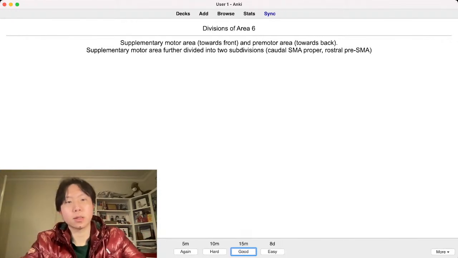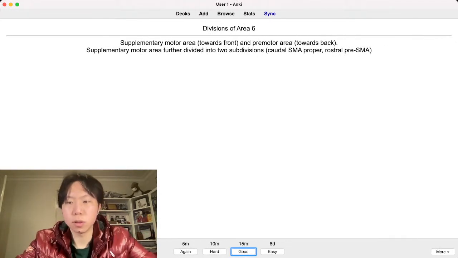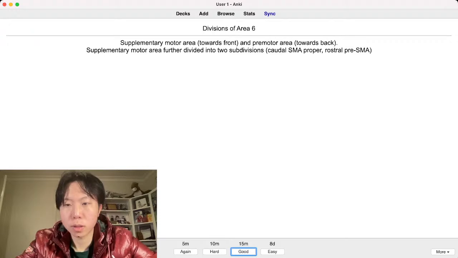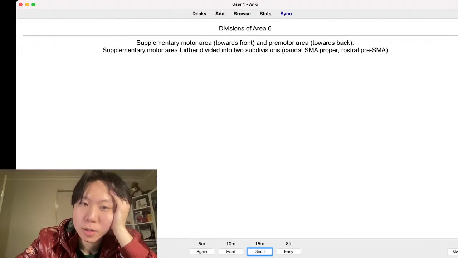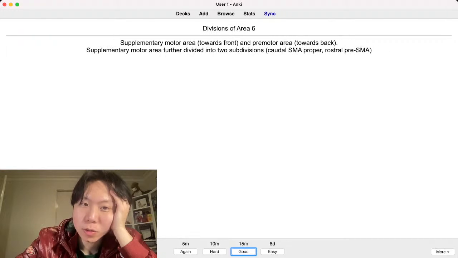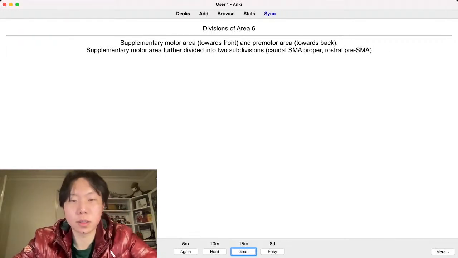Caudal means at the back. So caudal SMA is towards the back, and rostral is towards the front. Right.